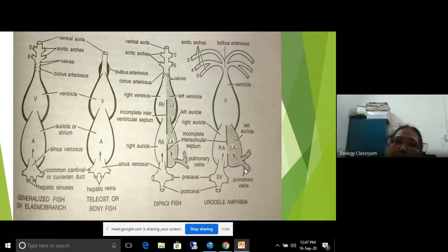Then pure or oxygenated blood collected by the lung opens through the pulmonary vein into the left auricle. So one side, the right auricle, has impure blood, one side has pure blood, and some has mixed blood. In the ventricle there is no partition, and a muscular ventricle is present. The conus arteriosus, also called the bulbus arteriosus, directly transfers blood to the aortic arches.